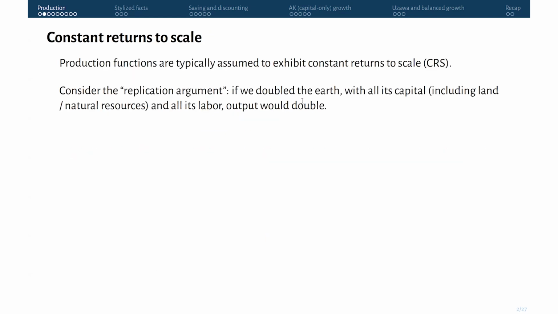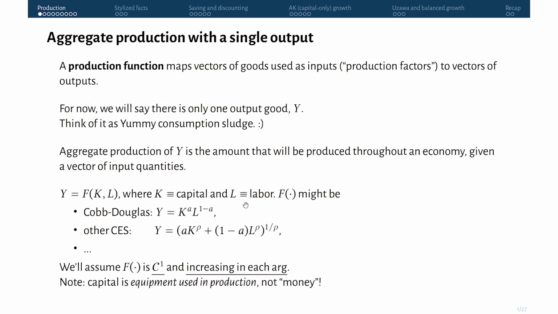Now, another feature that those two production functions I just wrote down have is constant returns to scale, right? You see that in general, a Cobb-Douglas production function could have the exponents on K and L being anything, but I've been having them add up to 1.